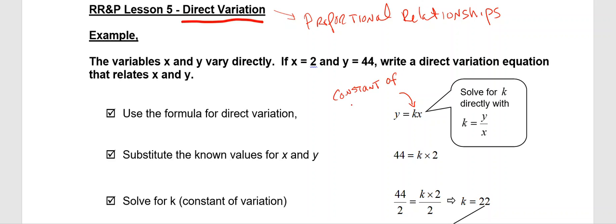But now we're just simply going to refer to it as our constant of variation. So again, constant of proportionality and constant of variation are one and the same. When we talk about constant of variation, we're talking about constant of proportionality, and it serves the same exact purpose.